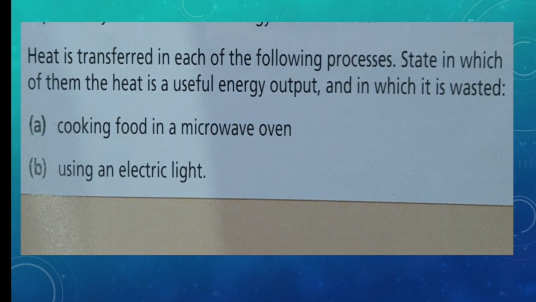So here heat is a useful energy, and in an electric light we know that light is actually the useful thing and heat is a waste over there. So when we compare both, in cooking food in a microwave oven, heat is a useful energy, whereas in an electric light, heat is a waste energy.